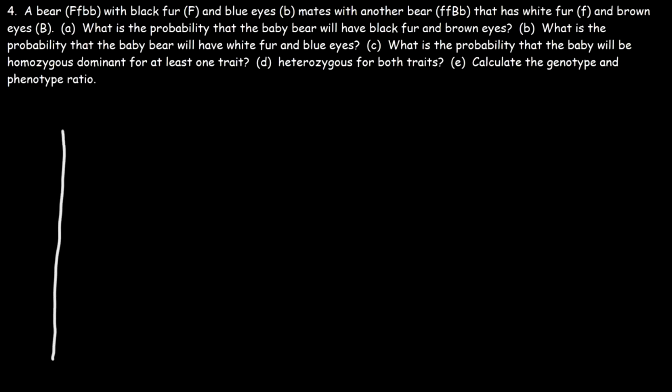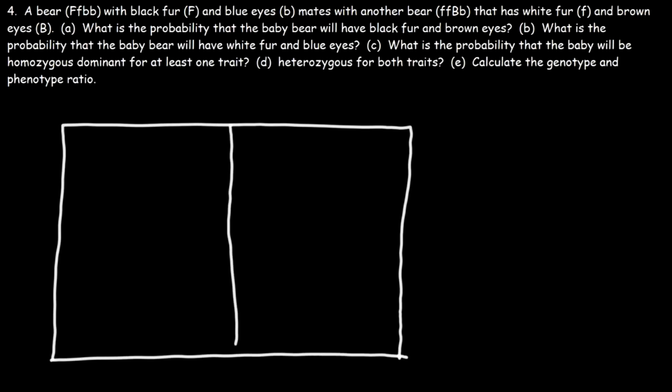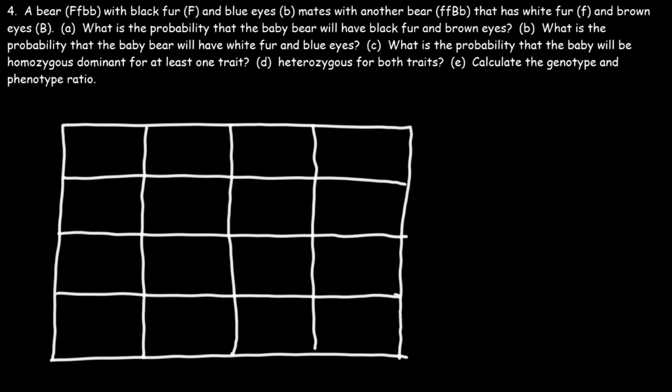So let's begin by drawing a Punnett square. Hopefully this is big enough. And this one is going to have 4 columns and 4 rows. So 4 times 4 is 16, and so we're going to have a total of 16 squares.